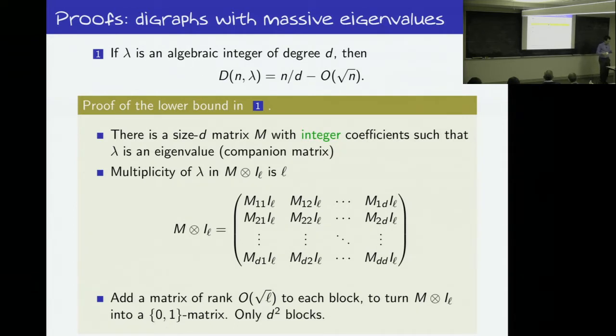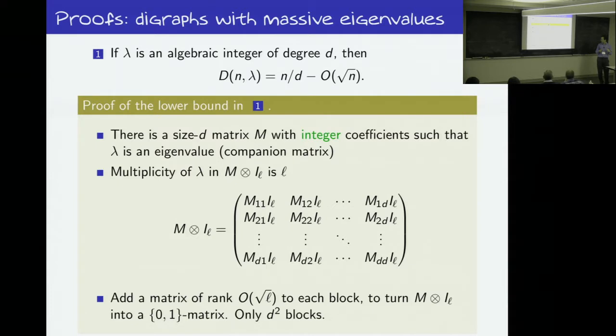So now this new matrix has the eigenvalue lambda with multiplicity L, because I just blow everything up by a factor of L. So what I'll do is take this matrix and fix it up, keeping the multiplicity basically the same and changing its entries to 0, 1 entries.